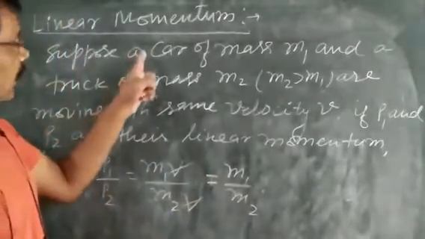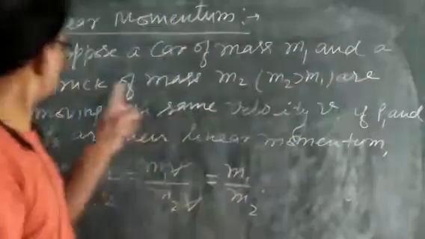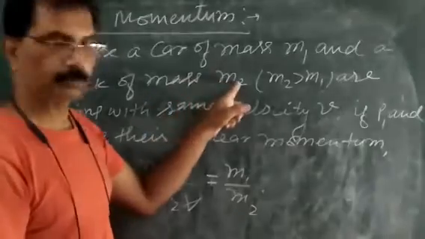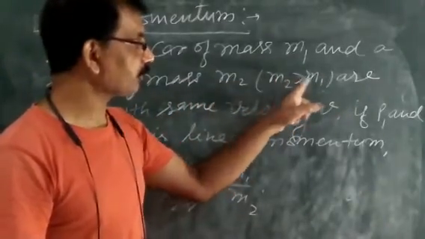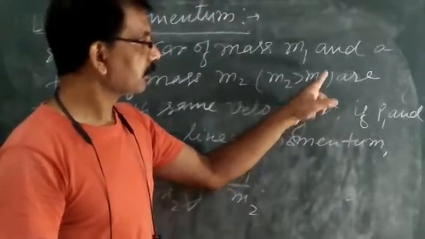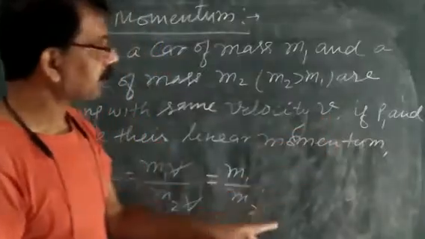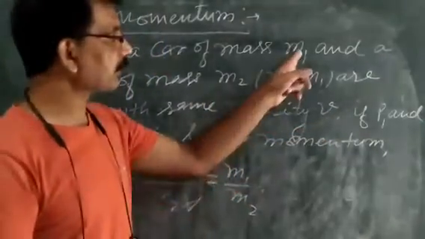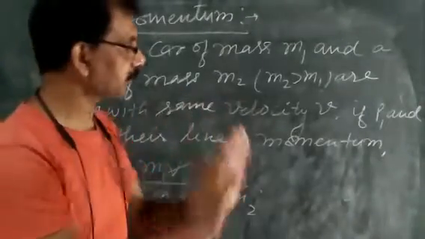Suppose a car of mass m1 and a truck of mass m2, and here m2 is greater than m1, means the mass of the truck is more than the mass of the car, are moving with the same velocity v. इसका मतलब a car of mass m1 and a truck of mass m2 both are moving with the same velocity.